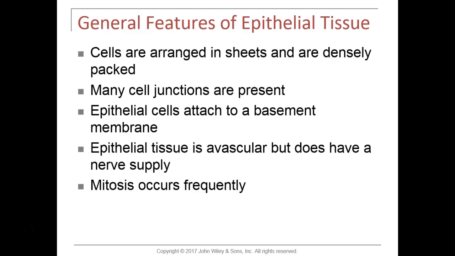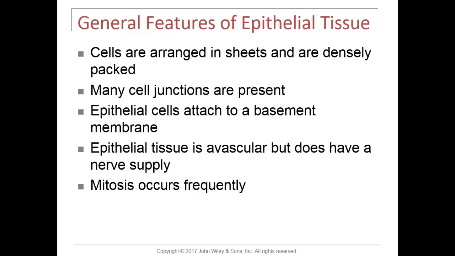All epithelial tissues sit on top of a basement membrane, all of them, much like your house sits on a slab. The concrete slab your house is sitting on would represent, in my analogy, the basement membrane.